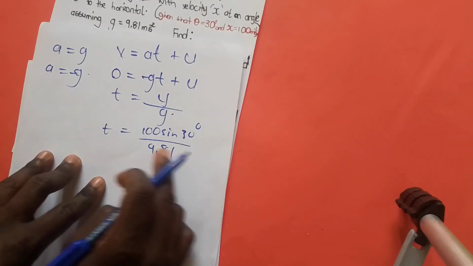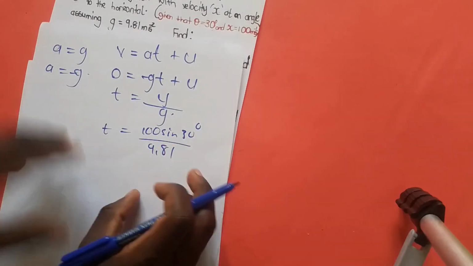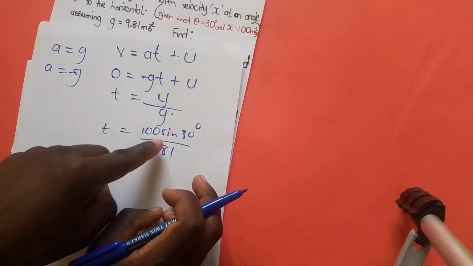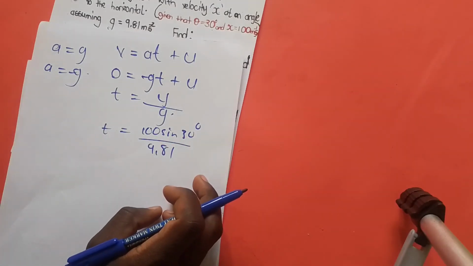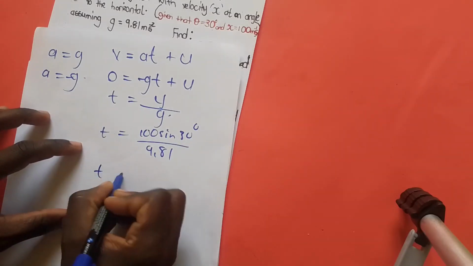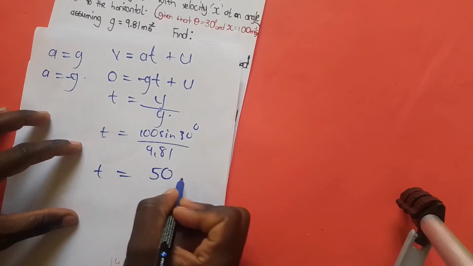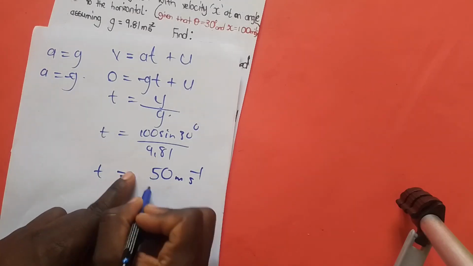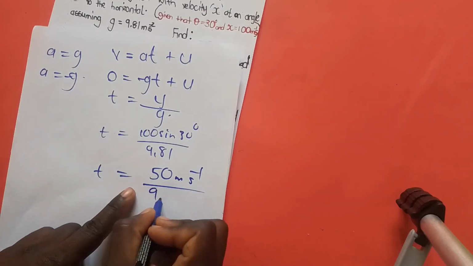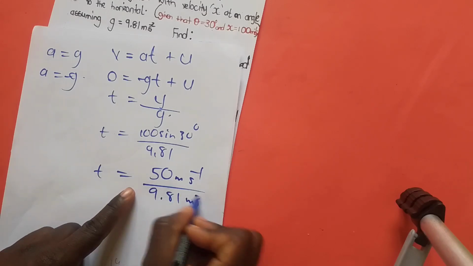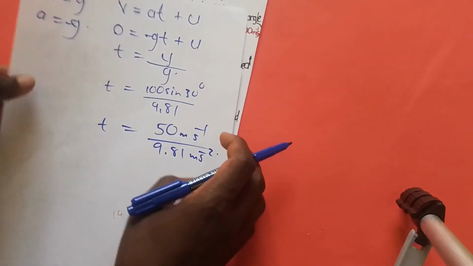If you punch 100 meters sine 30 degrees, the initial vertical velocity, into your calculator, you find that t is equal to 50 meters per second divided by 9.81 meters per second squared, the acceleration, right?